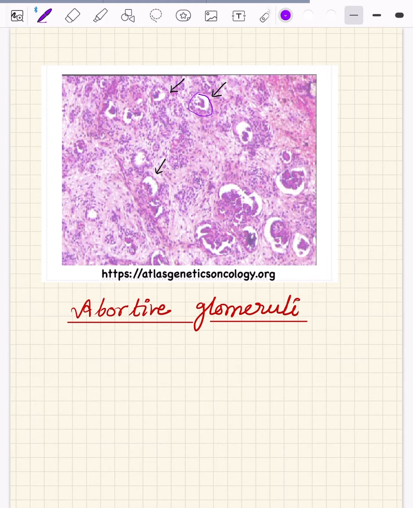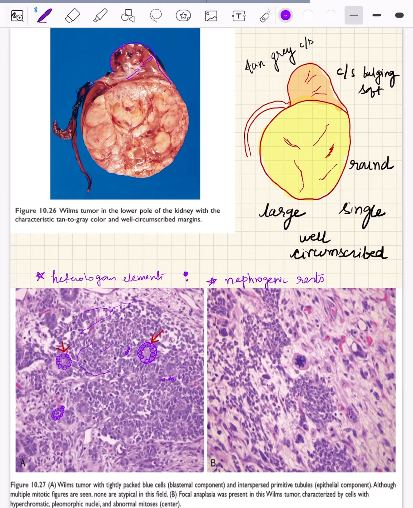Here you can see this is the empty space, and these are the cells in the center, and there is the outer epithelium. So they look like glomeruli, but they are not true glomeruli. So they are known as abortive glomeruli. They attempt formation of structures which are similar to the glomeruli and the tubules. So these two structures form the epithelial component of the Wilm's tumor.